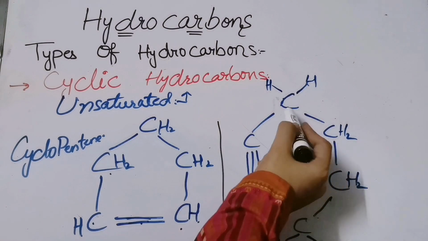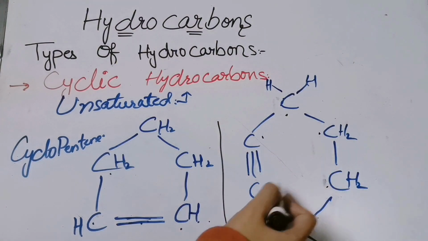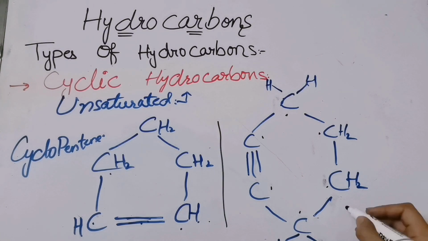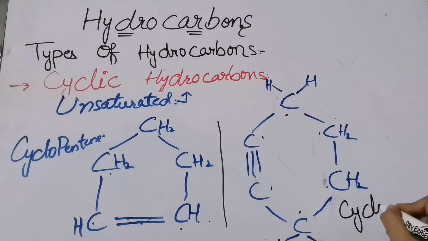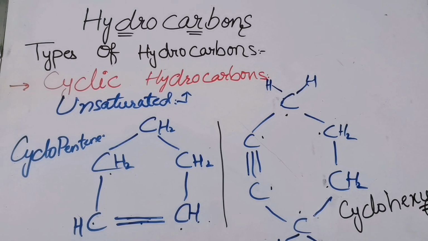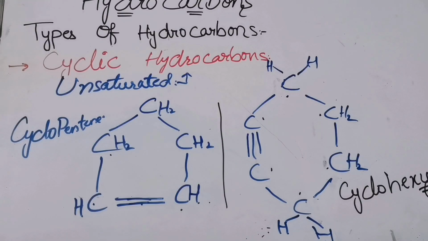See how many carbons we are having? 1, 2, 3, 4, 5 and 6. Right? So its name will be cyclohexyne. Yne because we are having triple bond. I hope you all understood the aliphatic hydrocarbons and the saturation and unsaturation in it as well.